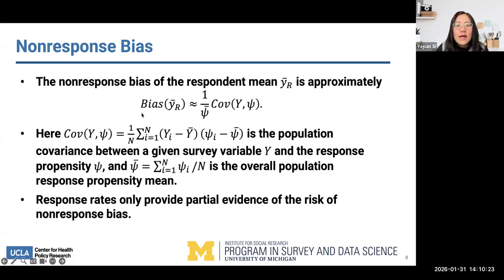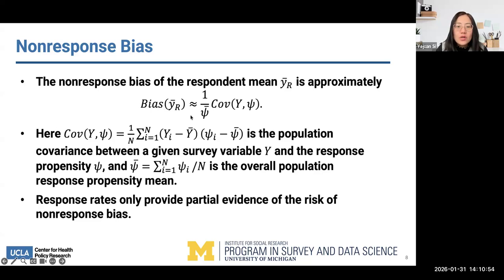The non-response bias of the respondent mean can be approximated as the product of the inverse of the average population response propensity and the covariance between the survey variable y and the response propensity. So you can see that the response rate is only part of the picture of non-response bias.